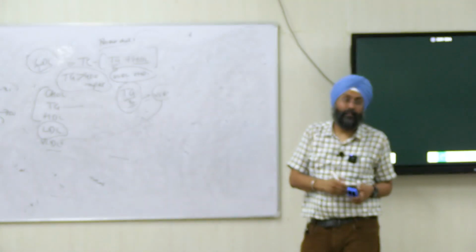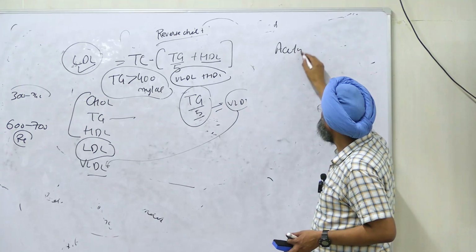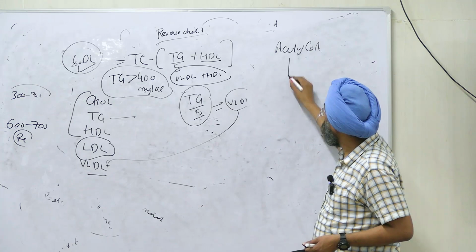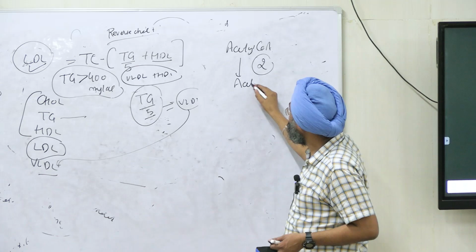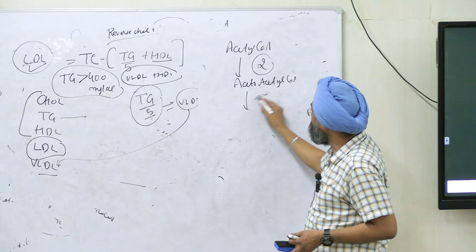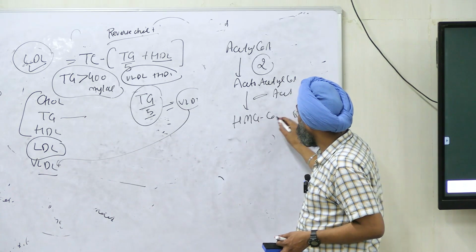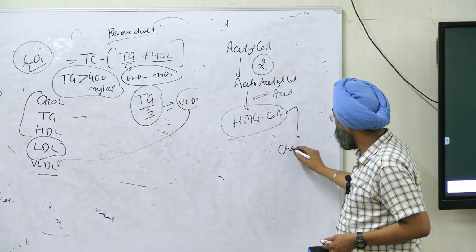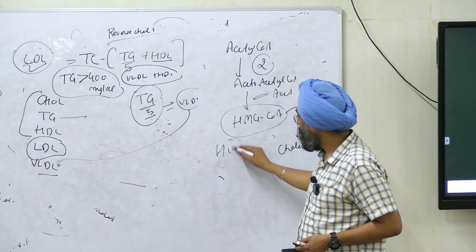During diabetes, you will get an excess amount of acetyl CoA, right? And this acetyl CoA combines with another molecule of acetyl CoA to form acetoacetyl CoA. This again combines with another molecule of acetyl CoA to form HMG CoA. And this HMG CoA will lead to synthesis of cholesterol, right?